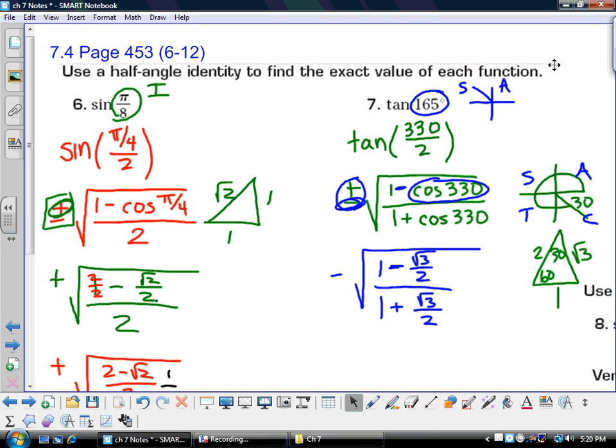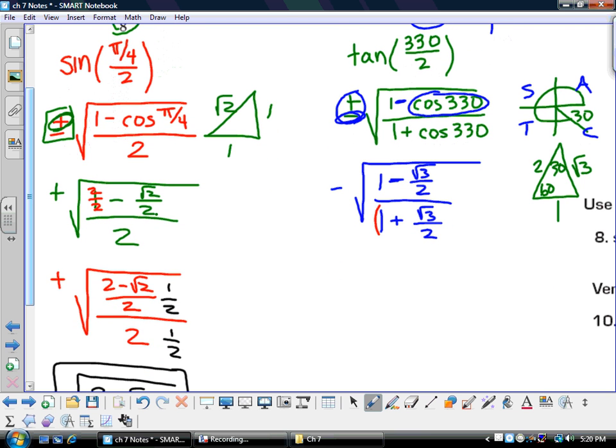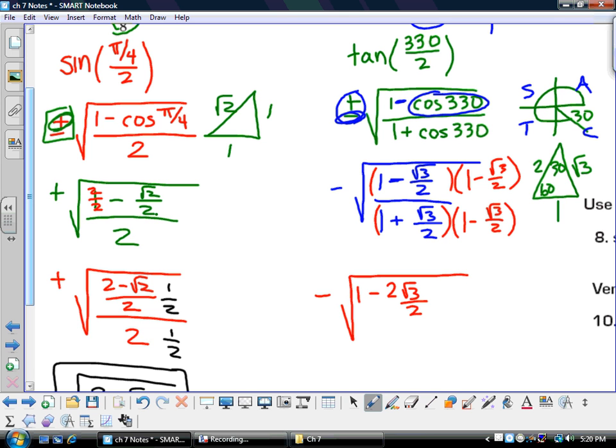Like we said in class, there are multiple ways to simplify this. I'm going to choose to just multiply by the conjugate. When I do that, I get 1 minus 2 copies of the square root of 3 over 2 plus 3/4.